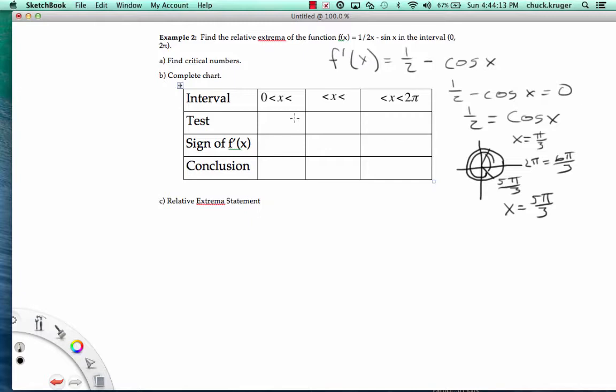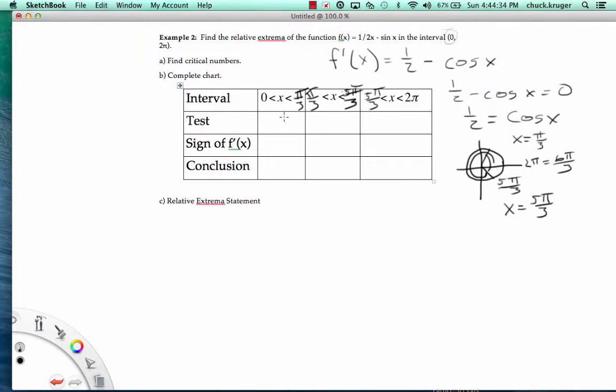Once I've done that, I'm going to put those critical numbers into my interval. And if you notice, I started at 0, so I'm going to go from 0 to pi over 3, from pi over 3 to 5 pi over 3, and from 5 pi over 3 to 2 pi.